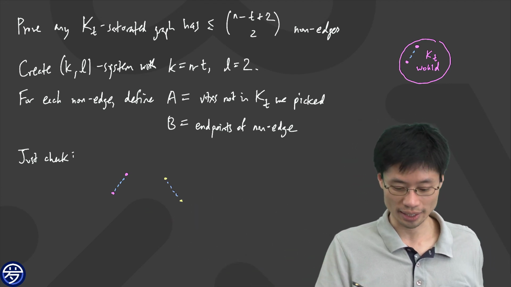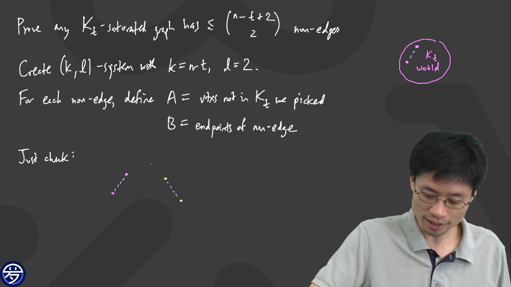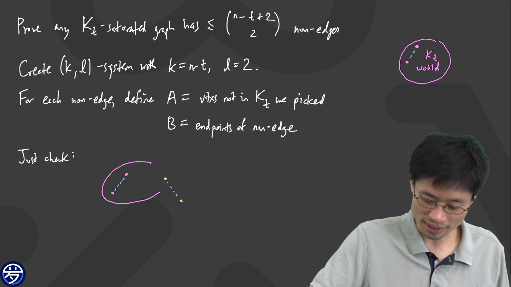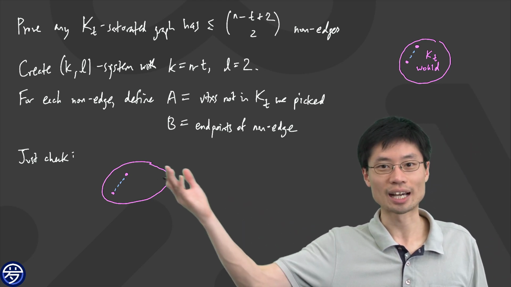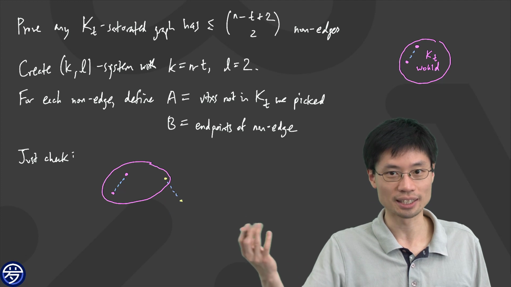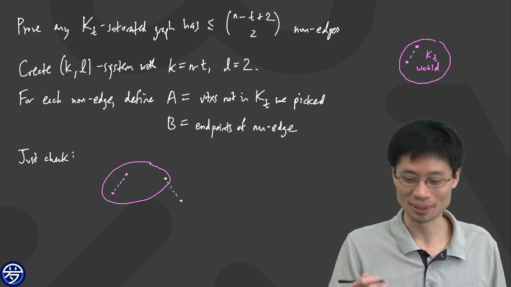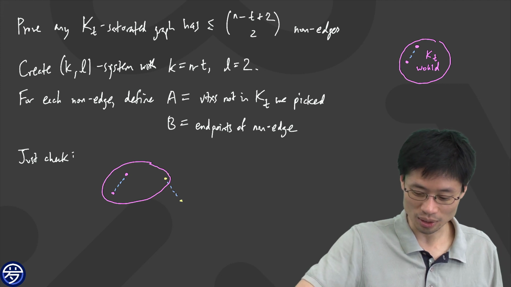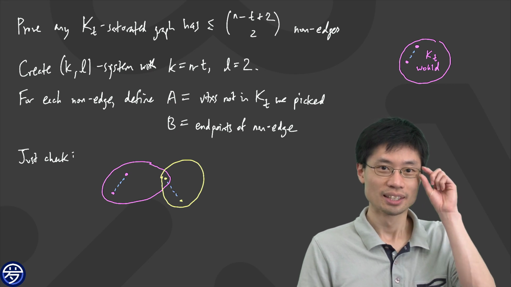Now I need to draw the KTs. There's an important observation. As I draw these KTs, it is actually possible that one of the KTs uses one of the vertices. That's okay. You could have one yellow vertex in the KT corresponding to the pinkish purplish color, but the other one could also be off on its own. So these are the two KTs. Now what do I need to check?